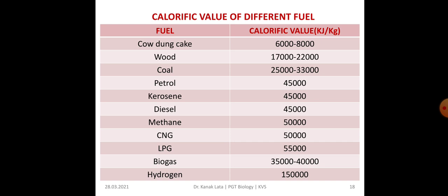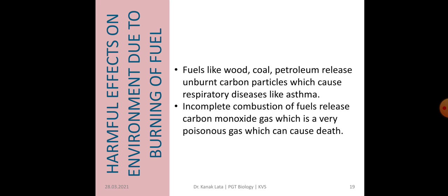Methane gas 50,000. CNG 50,000, LPG 55,000. Biogas 35,000 to 40,000 and hydrogen is 1,50,000. So you can see from the table that hydrogen has the highest calorific value.